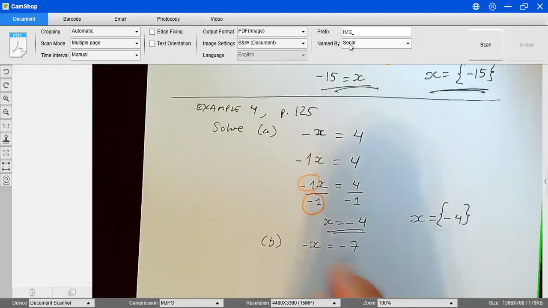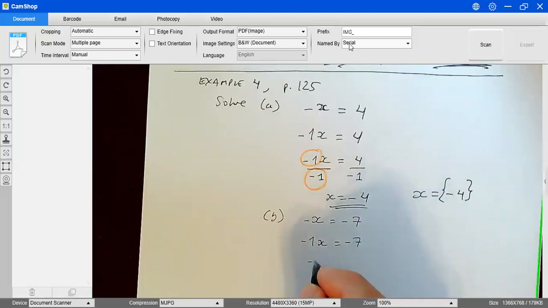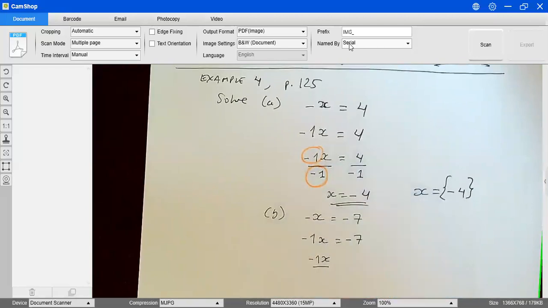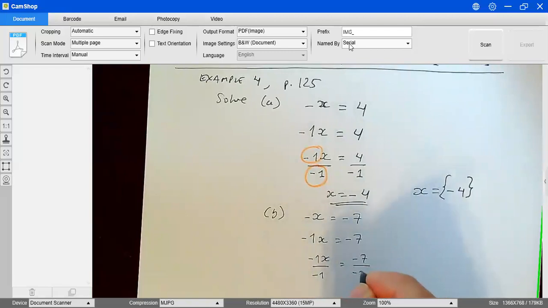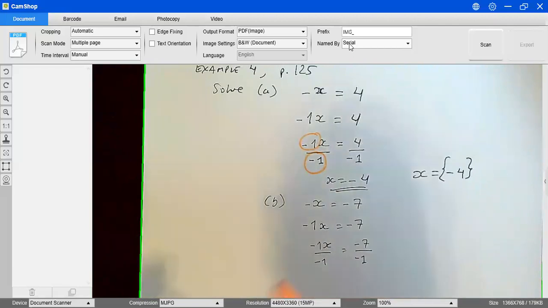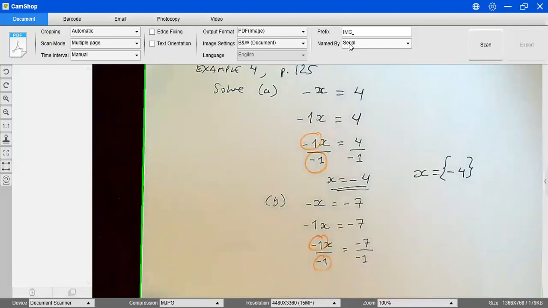So the next problem is negative x equals negative 7. We're going to do the same trick. We're going to write negative 1x equals negative 7. Then we're going to divide both the left-hand side and the right-hand side by the coefficient that I want to remove, negative 1. So if I do that, then I'm going to get x on the left-hand side.